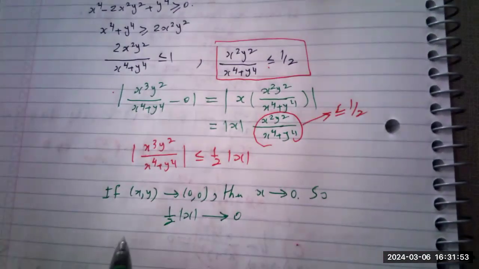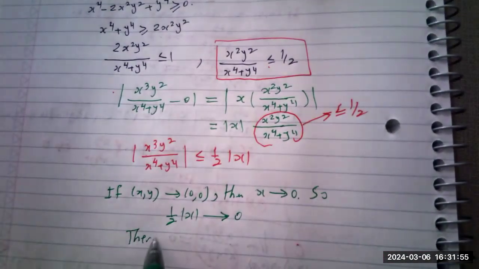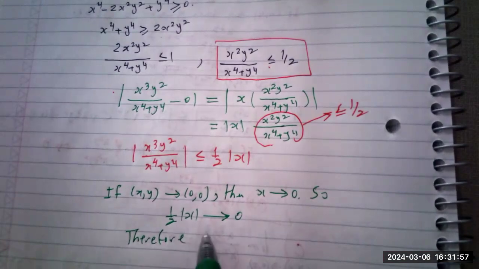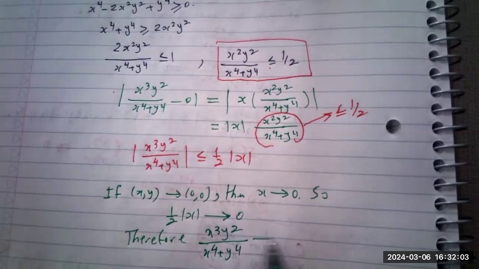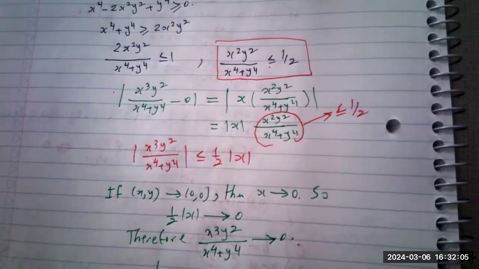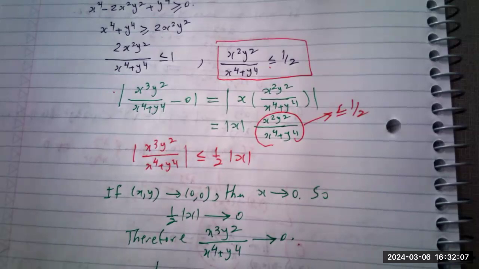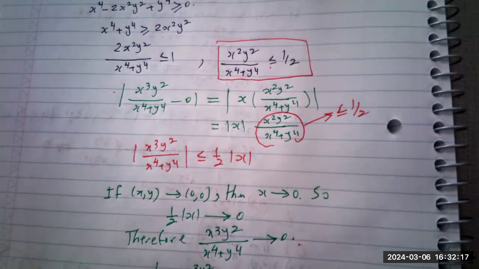And therefore, by a squeeze theorem type argument, x cubed y squared over x to the fourth plus y to the fourth goes to 0. So you prove that the limit of x cubed y squared over x to the fourth plus y to the fourth, when x and y go to 0, 0, is 0.